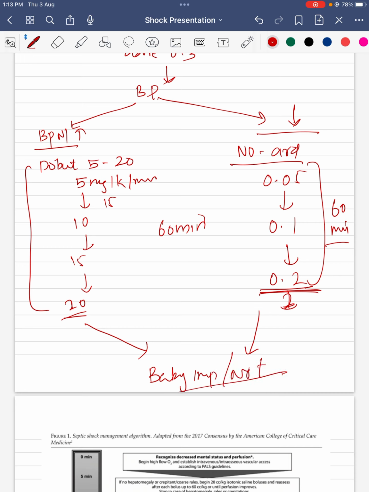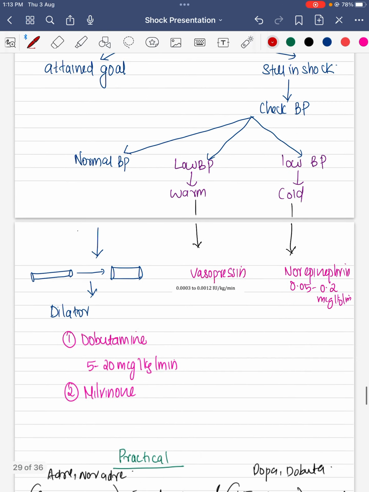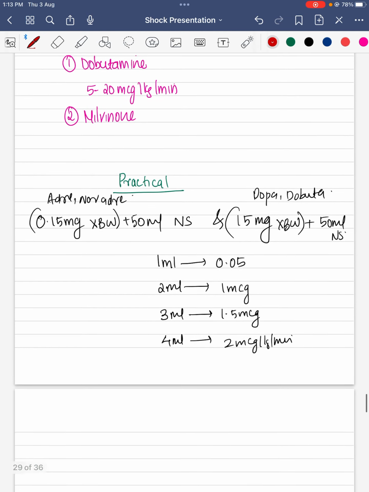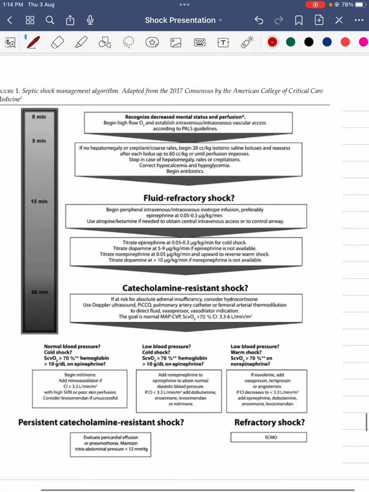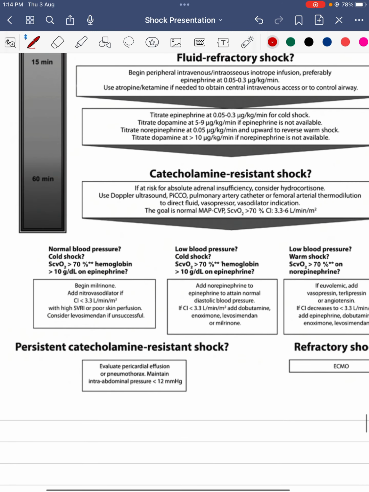Now, if the baby improved, well and good. If not improved, what to do? Not improved, it is called persistent catecholamine resistant shock.